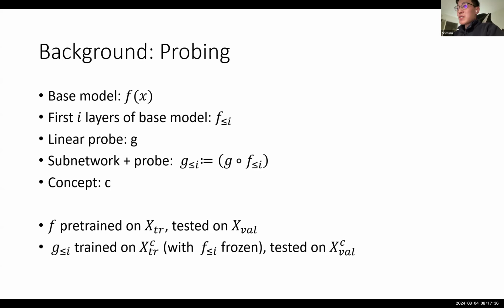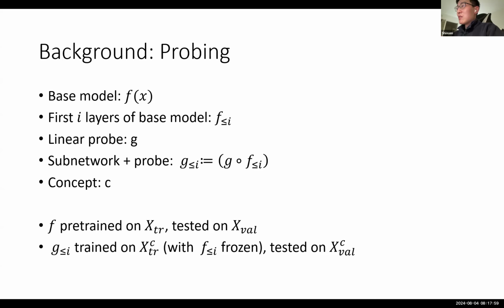So the probing process is actually just to train our base model F on the training data set called XTrain, and test it on the validation data set called XVal. After doing so, we will continue to train our probe. Basically, we will first re-annotate our data set.